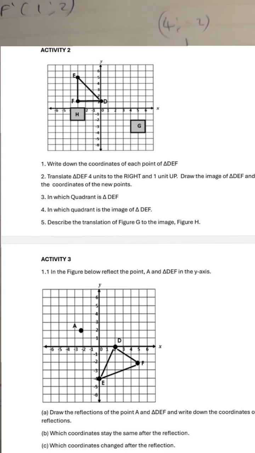So we have moved 8 units to the left. That's the first thing that we can clearly see there.